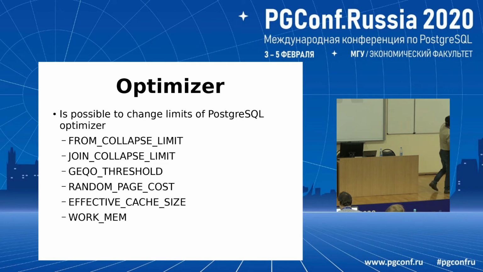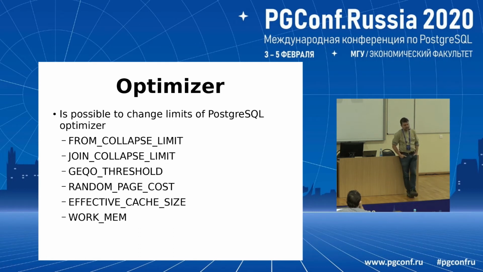Another issue can be another optimizer in Postgres. Does somebody know about genetic optimization? There are more methods of optimization, and one method is genetic, and Postgres has a genetic optimizer. This optimization is started when the complexity of the query is higher than some number. The number is geqo_threshold.